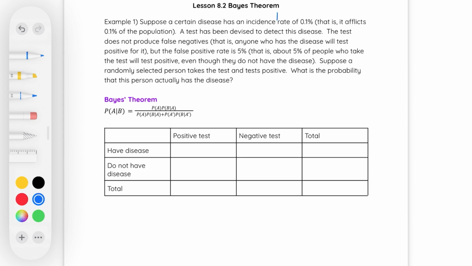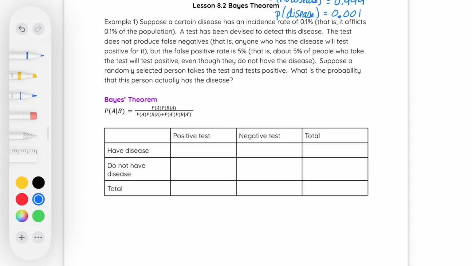So that tells us that the probability of people who have the disease is 0.001, right? Because we turn our percents into decimals. That means that a person who does not have the disease is at 0.999, so 99.9% of people do not have the disease since 0.1% do.